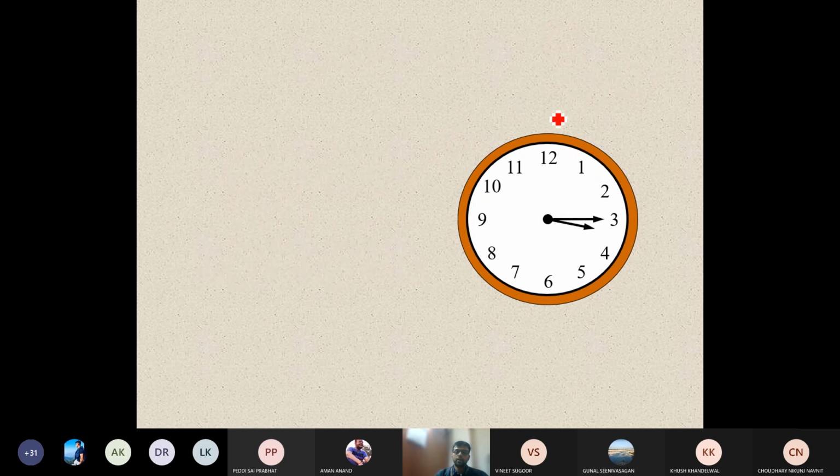Here it is a special case. So if you see, it is 3:15. 15 is the minute. So in a general situation for 15, the word which we use in Spanish is quince, isn't it? Like once, doce, trece, catorce, quince. Quince is 15.